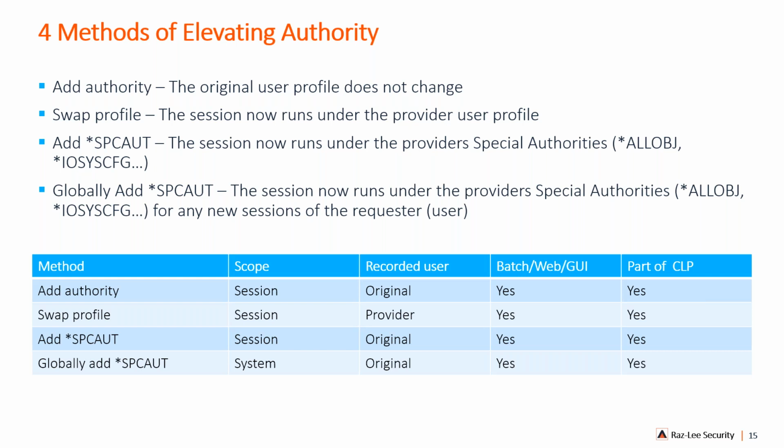And the globally method is almost the same as add special authority, but it applies to any new session of the requester. In this table, you can see what is special in the recorded user. For example, when you decide to use add authority, the recorded user will be the original. But in the swap IBM method, the provider will be recorded.